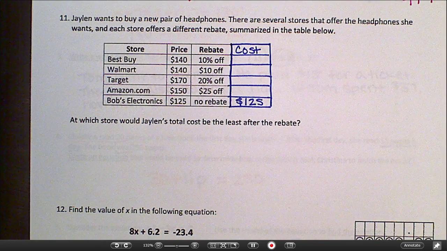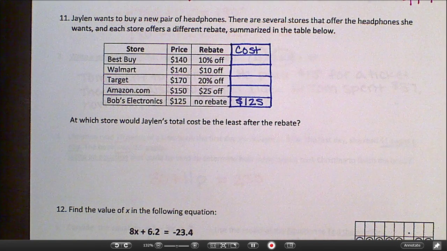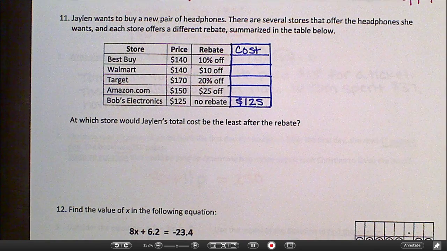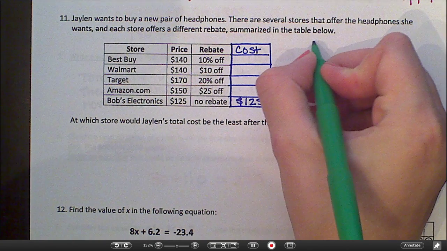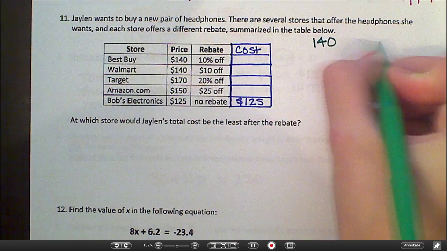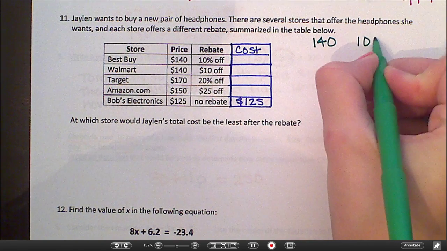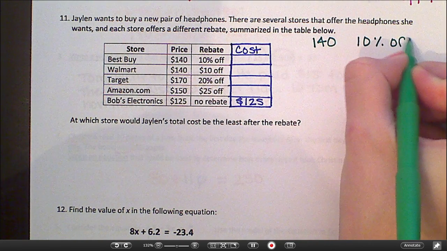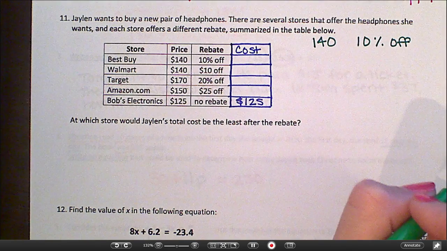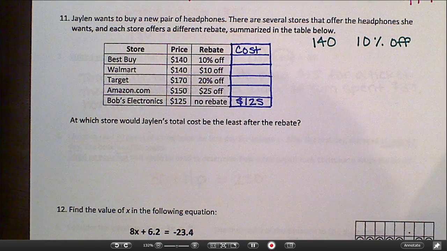So let's do each one of these. Starting with Best Buy, if the price is $140 and they will give me 10% off, then I need to figure out what 10% off is.